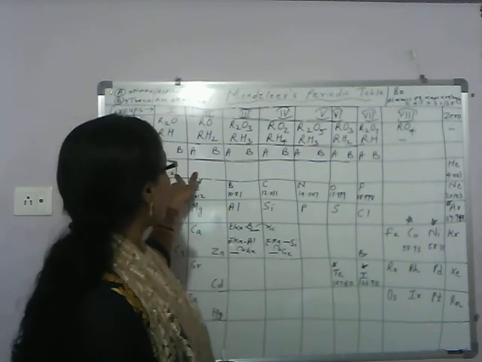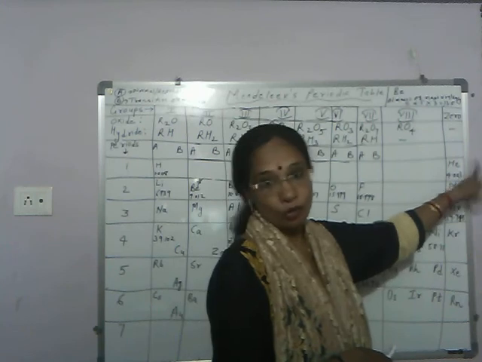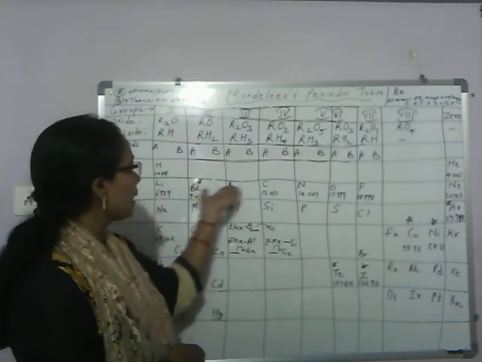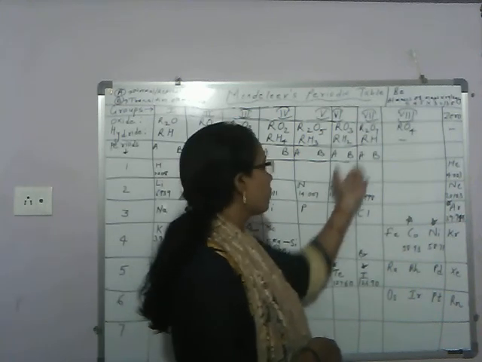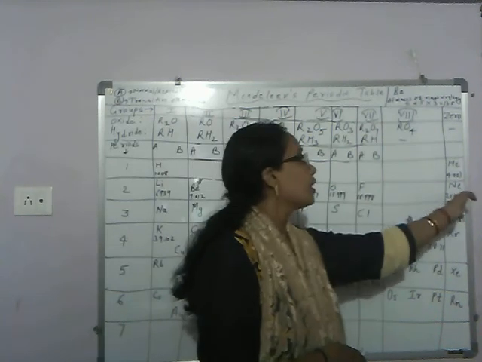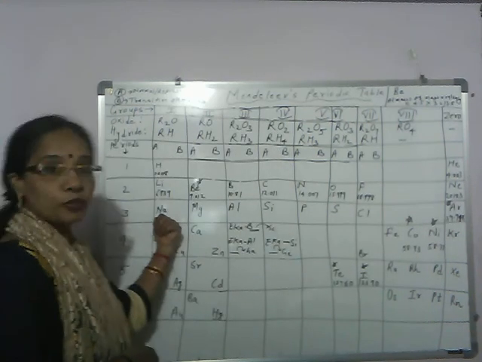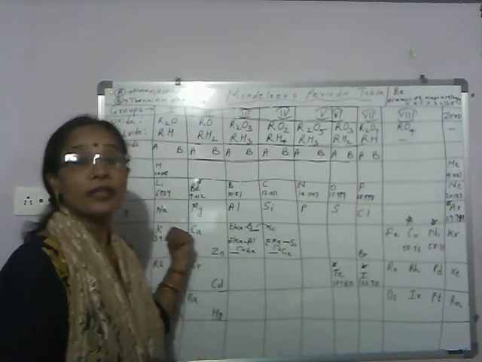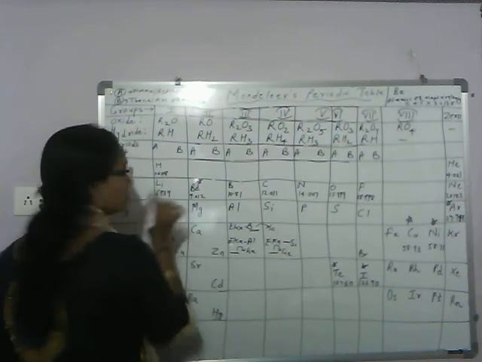Because hydrogen has atomic mass 1, then helium, which was discovered later, atomic mass 4, in increasing order. Then lithium 6, beryllium 9, boron 10, carbon 12, nitrogen 14, oxygen 15, fluorine 19, then neon 20. Then sodium 23, the atomic mass is 23 point something.